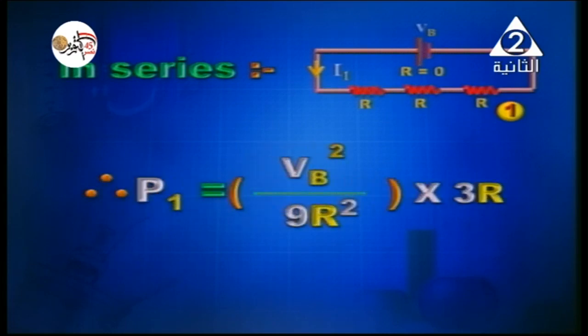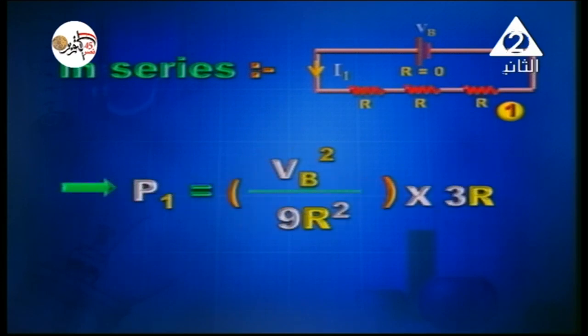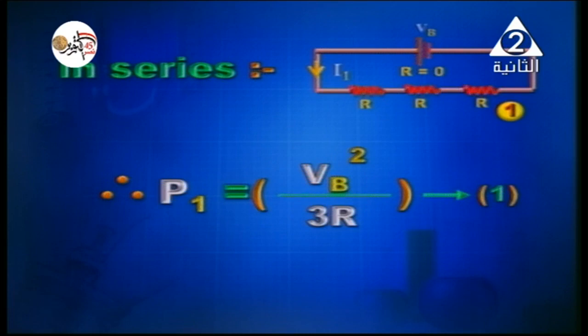So the power will be VB squared over 9R squared times 3R. And this can be simplified into VB squared over 3R. So we managed to determine the power in the first case, in the series connection. It is VB squared over 3R.